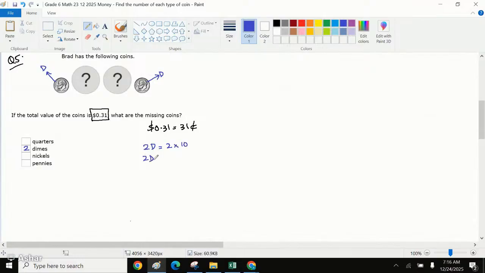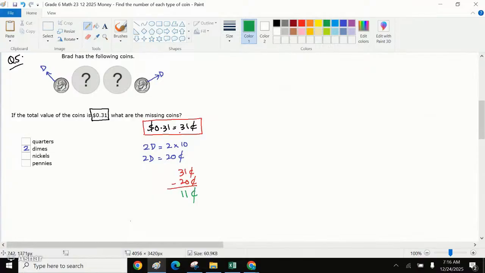That means 2 dimes is equals to 20 cents. That is 20 cents coins are already given to us. The total value of the coin was 31 cents. That means if we say 31 cents minus 20 cents, we should be left with, what should we be left with? We should be left with 11 cents, right?